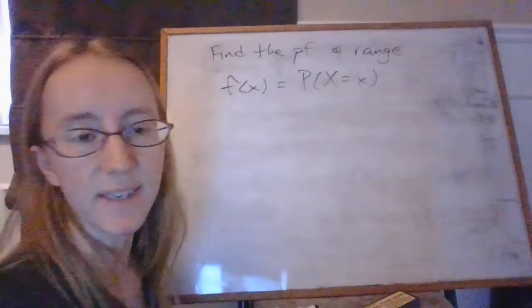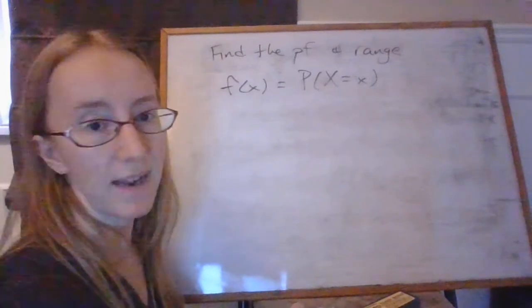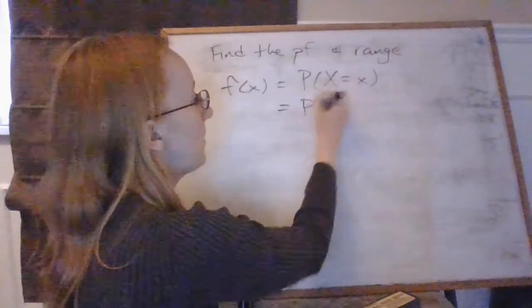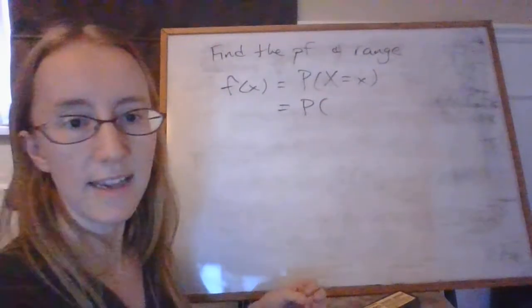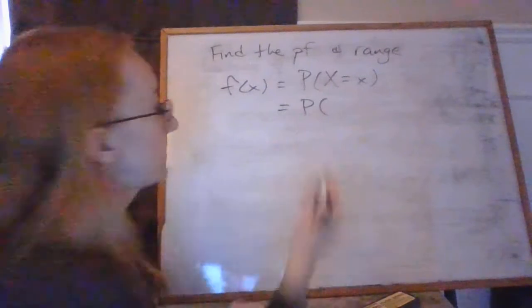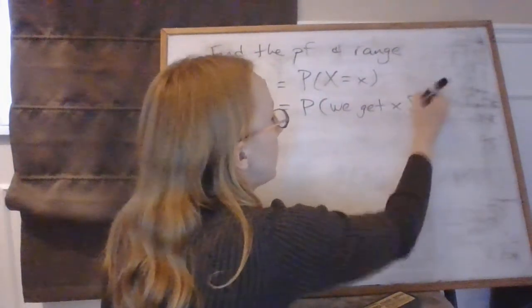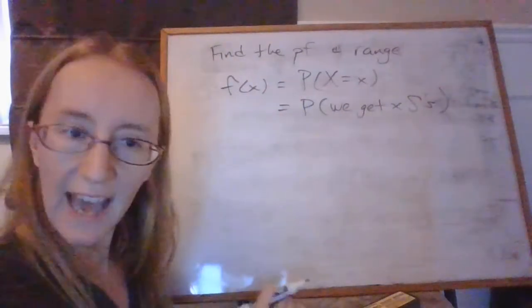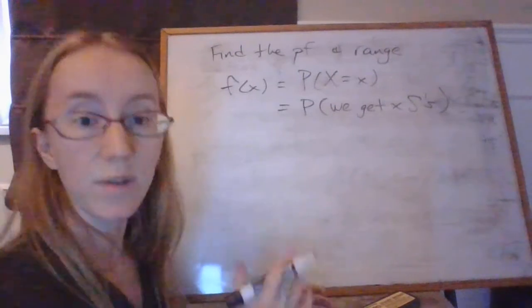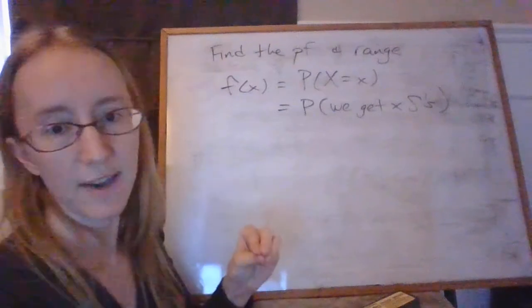In the case of this hypergeometric random variable, we can express in words what that means. It means the probability that we select exactly little x successes when we do this selection. But if we get exactly x successes, that also tells us how many failures we need, because we're selecting little n objects.